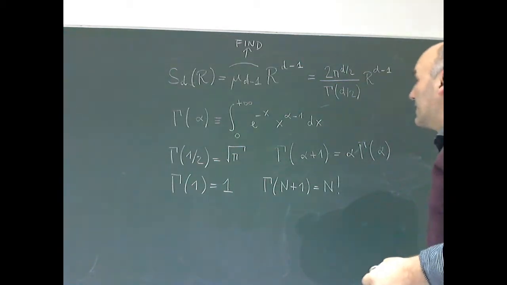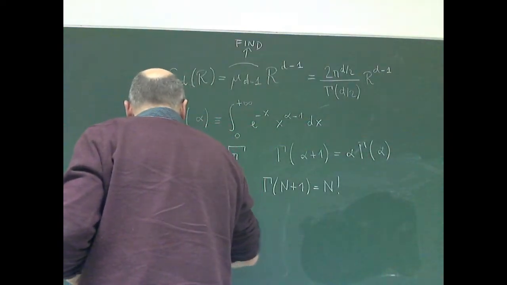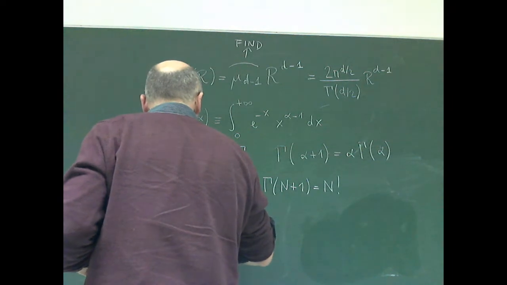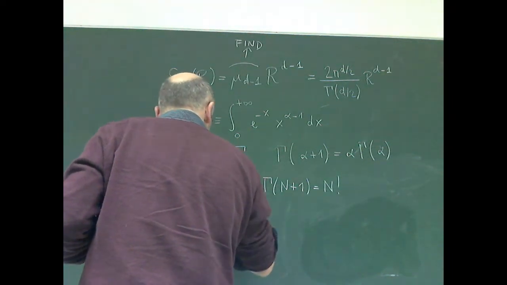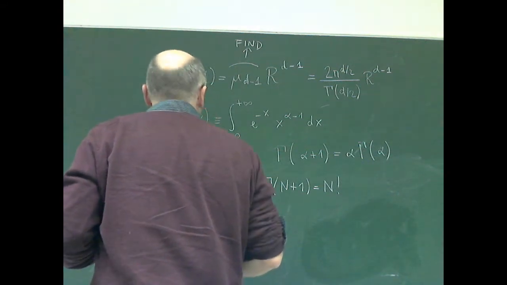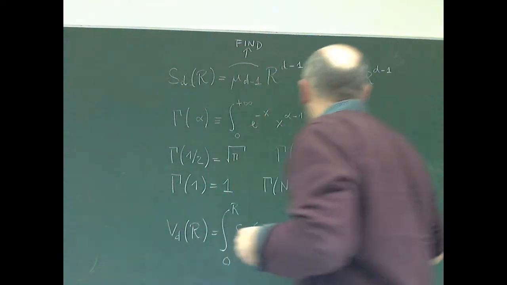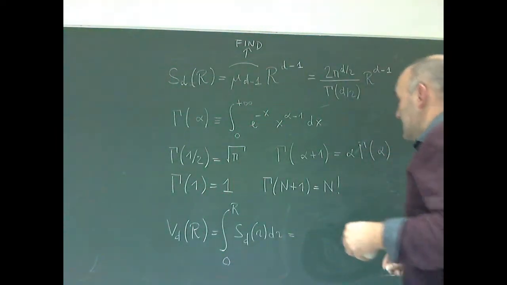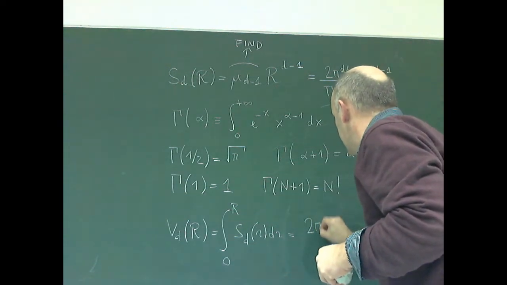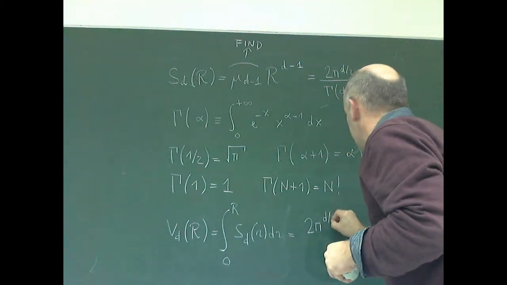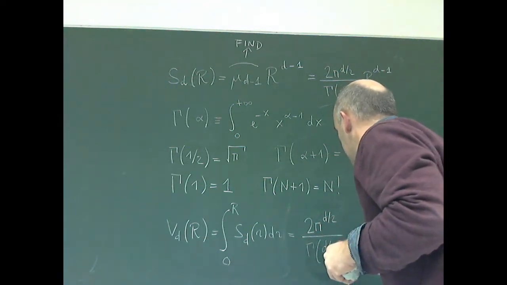Okay. And now to get the volume, that's the main part of my calculation, I integrate from 0 to r the area of the surface in the dimension d, times dr. But this is a trivial integral, right? It's only this factor. So the factor is 2 pi to the power d divided by 2 divided by the gamma of d divided by 2.